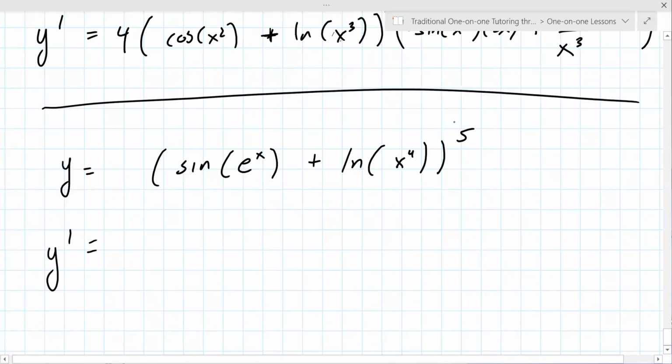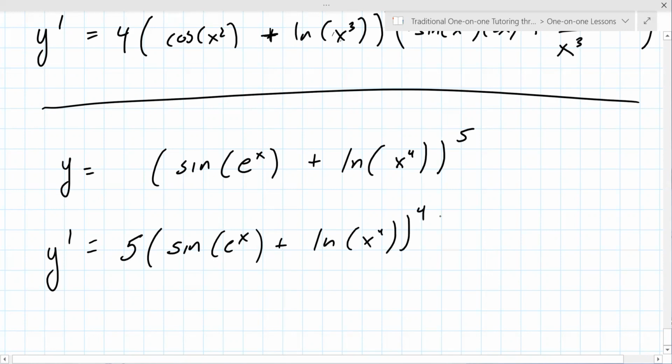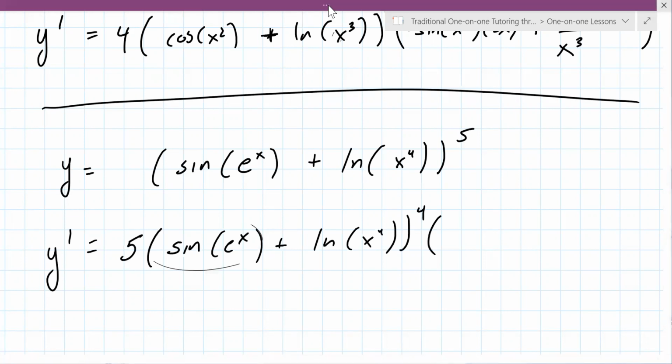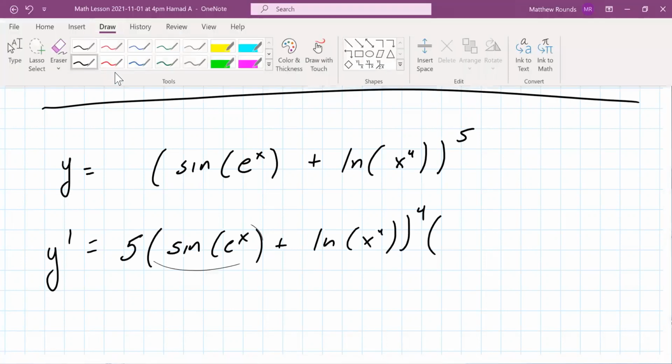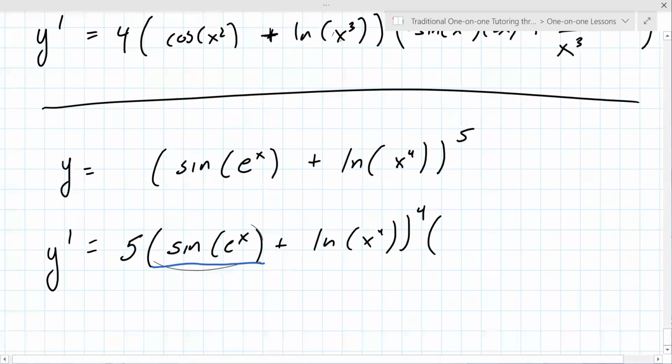So it's 5 times the parentheses, y prime times 5 sine. Now this whole thing, let me circle it in a different color, blue. So now you're taking the derivative of this. What's the derivative of this?